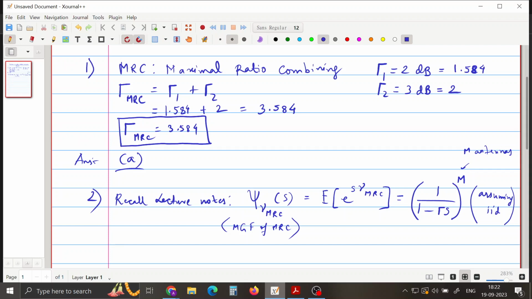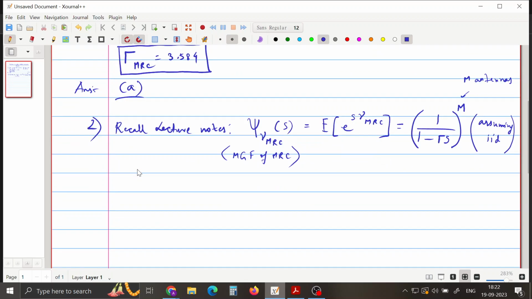That's why 1 by 1 minus gamma s, and all the gammas are the same for all the M antennas, so we just have the product of M such terms. So it's 1 by 1 minus gamma s whole to the power m. So we are familiar with this. Just go through your lecture notes again in case you need.